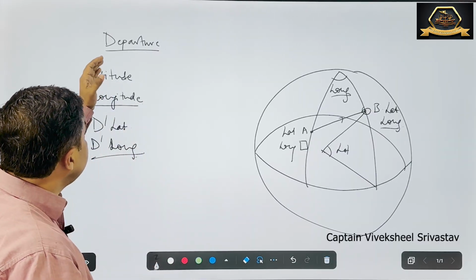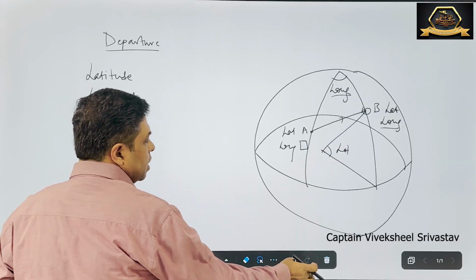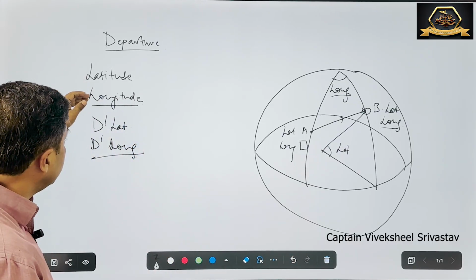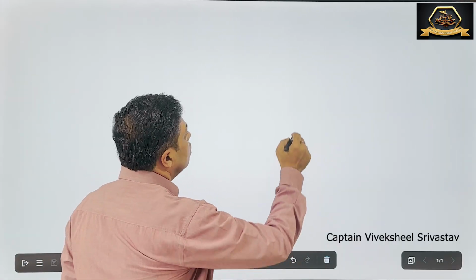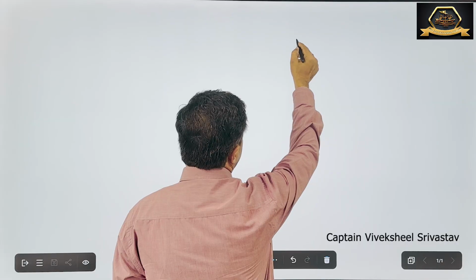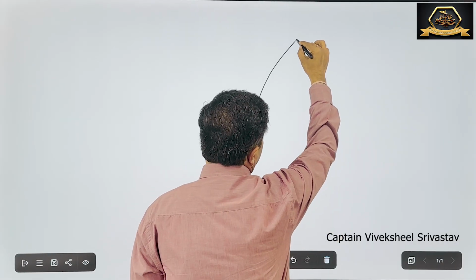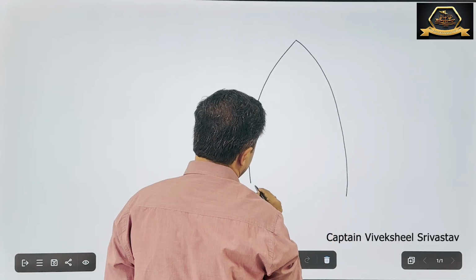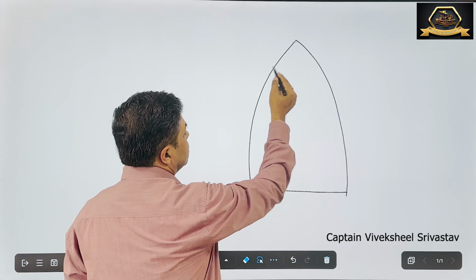Now this is important because for understanding departure, what is departure? Now we have got latitude, longitude, dlat, d long. So that must be clear to you. Let's go to what is departure. Now suppose these are two meridians, right?